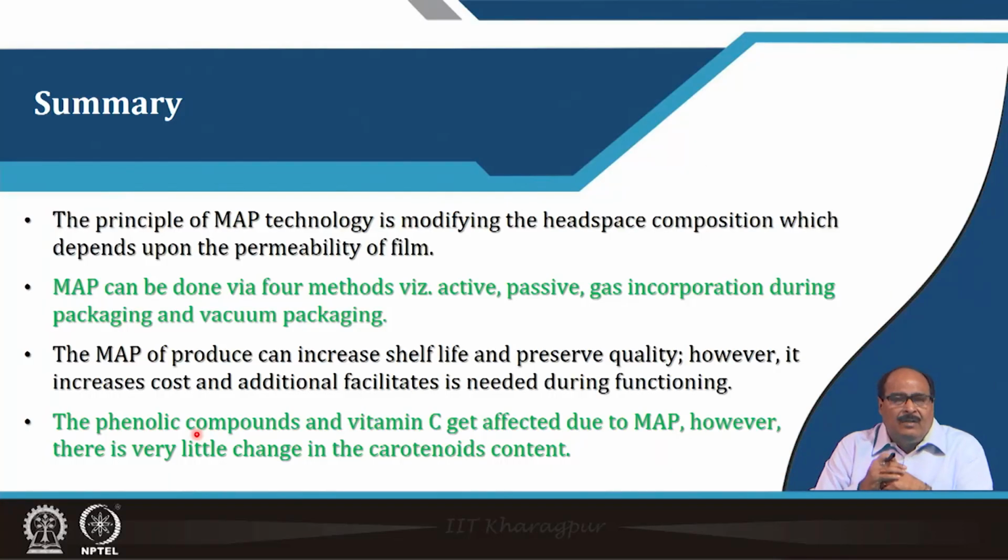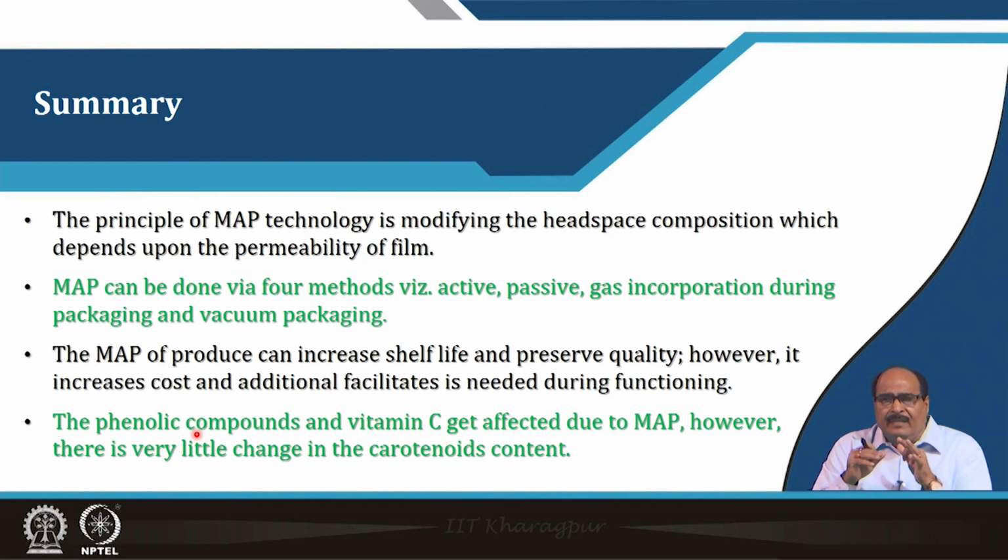Finally, I will say that the modified atmosphere technique is very important in extending the shelf life of fruits and vegetables. The modified atmosphere can be generated actively, as in active modified atmosphere storage, or passively, or even by nitrogen flushing or other gas flushing, vacuum packaging, etc. This MAP of the produce can increase the shelf life.